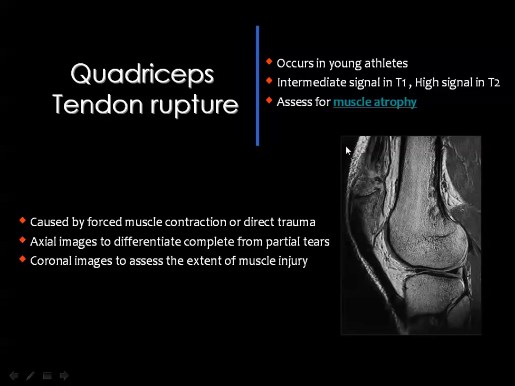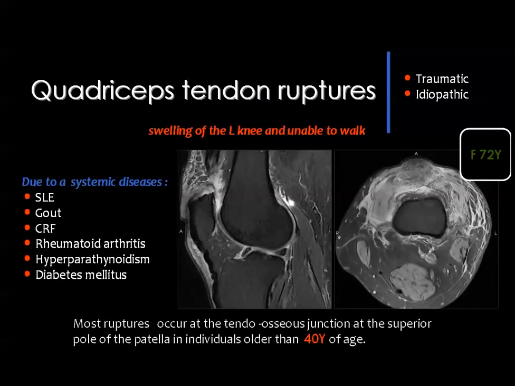If the muscle is atrophic, then tendon repair will be somewhat useless. But if the muscle bulk is maintained, then there is a good possibility for repair of the tendon and re-achievement of the muscle function.